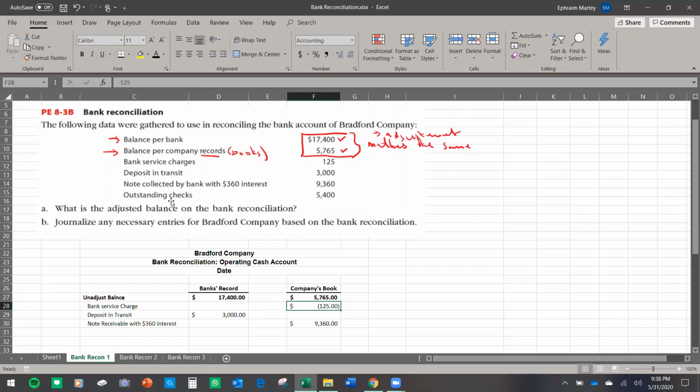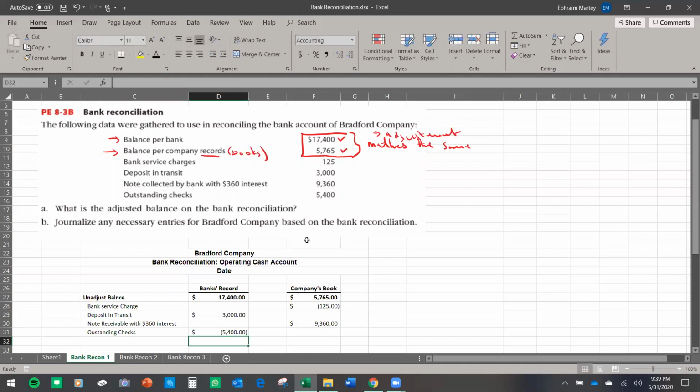Outstanding means it has to come out of your bank account, and deposit means it has to increase your cash account. So we tell the bank, hey, we have written a check for someone, he hasn't cashed it yet, so just assume that it's gone, so we will be on the same page. So negative 5,400, because it's reducing the money that you have at the bank.